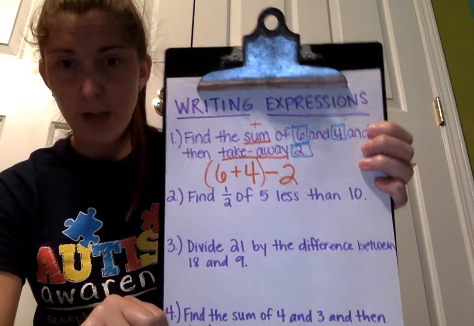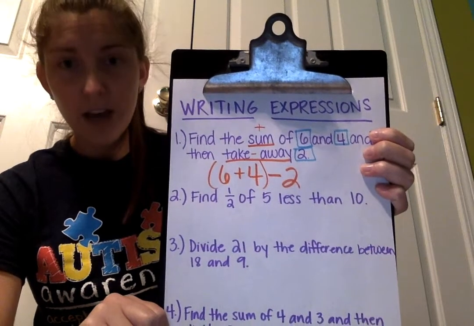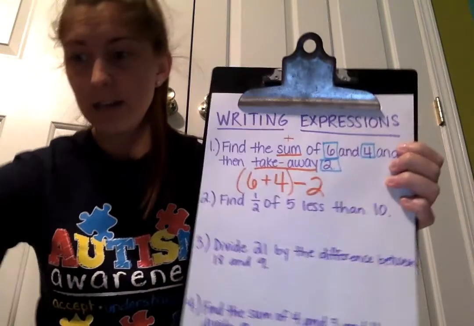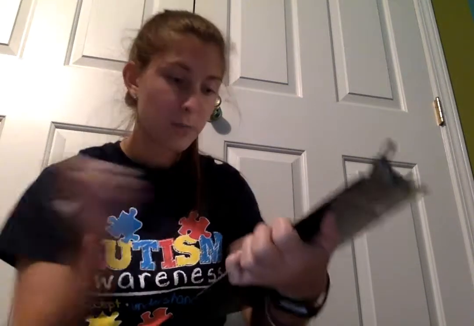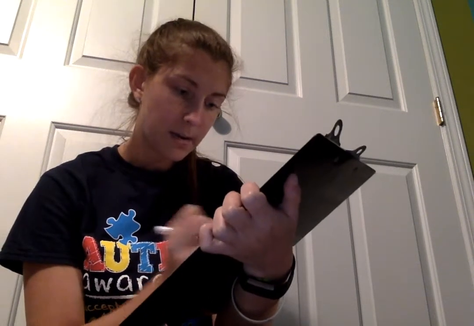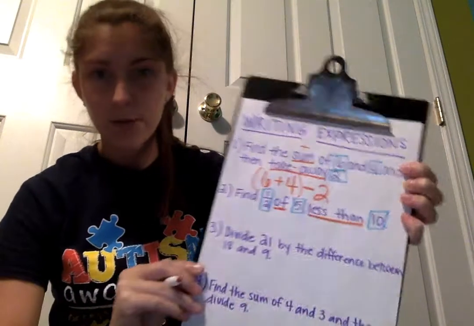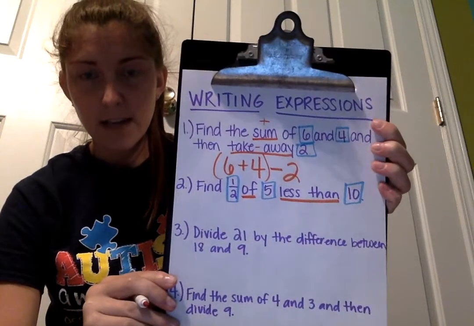All right, number 2. Number 2 says find half of 5 less than 10. So again, blue marker, I'm going to box in my numbers. 1/2, 5, and 10. And my orange marker, I'm going to underline my words. So I've underlined of and less than. And of I know means to multiply.